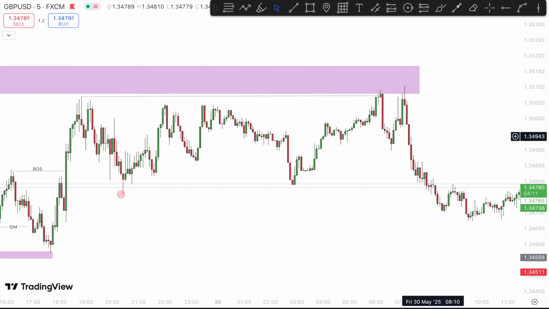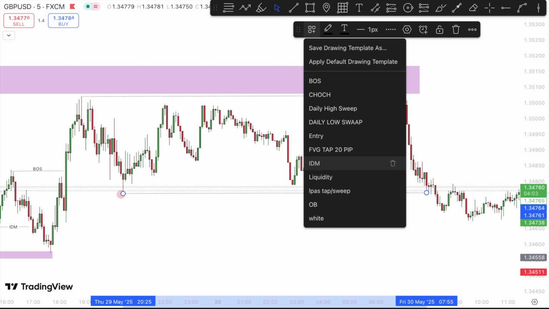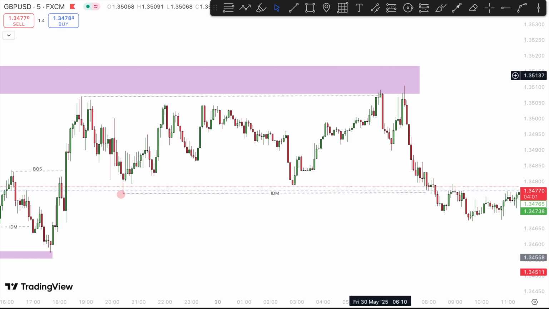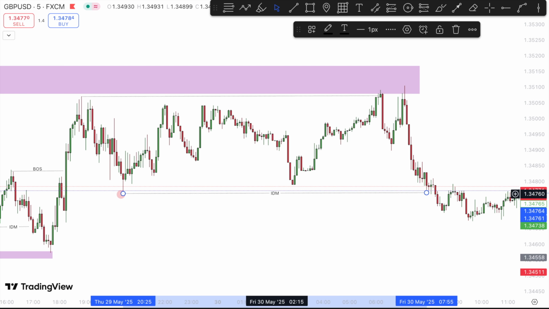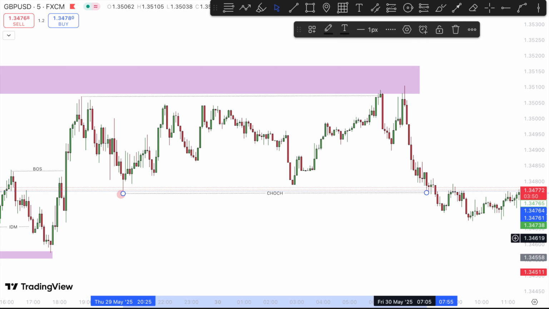So over here this would be our inducement. But as I told you, if the price is tapping any liquidity zones, then this inducement will change into change of character. Am I clear?